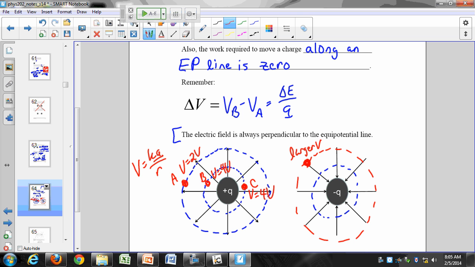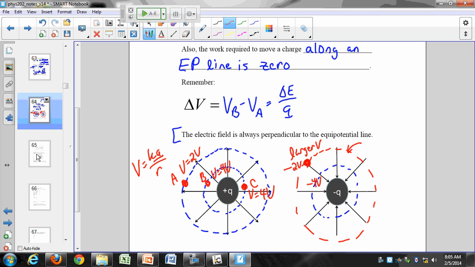You understand? The magnitude is getting smaller, but it's getting closer to 0. So for example, like I would have negative 2 volts here and negative 4 volts here. So this equal potential line would have a larger voltage than the other, larger potential than the other. A larger. Closer to 0. All right?